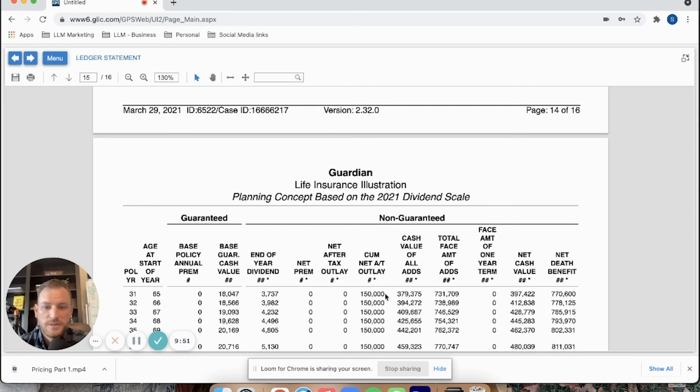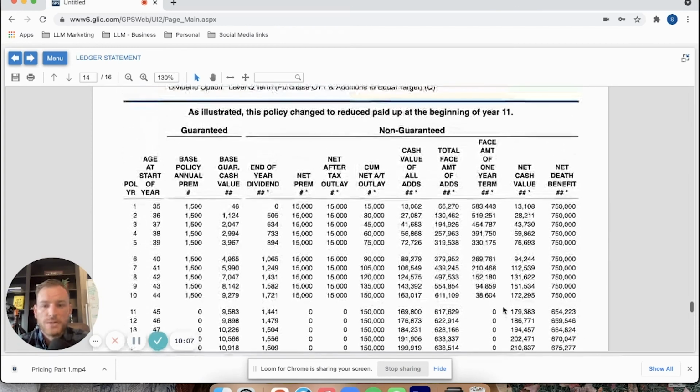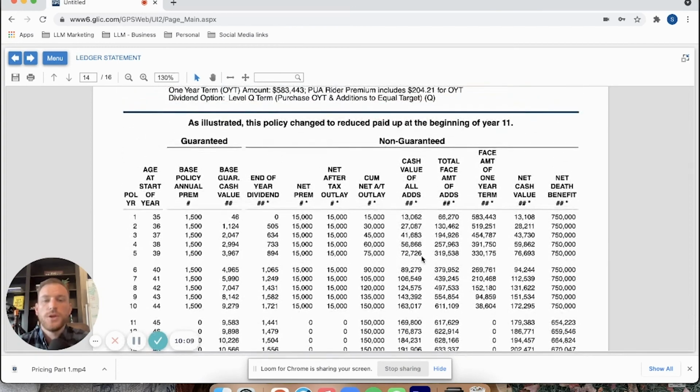We put $150,000 in total, and look at the net cash value, $397,000, right? More than doubled over time just by putting it in this guaranteed account. And so it's really important to be able to look at that. That's the long-term play. You're going to pay the costs in the beginning for those first few years to buy the death benefit, to have that there.